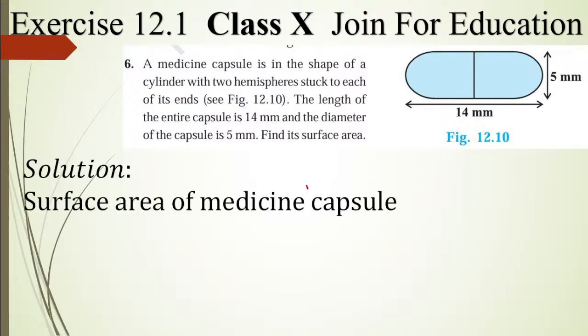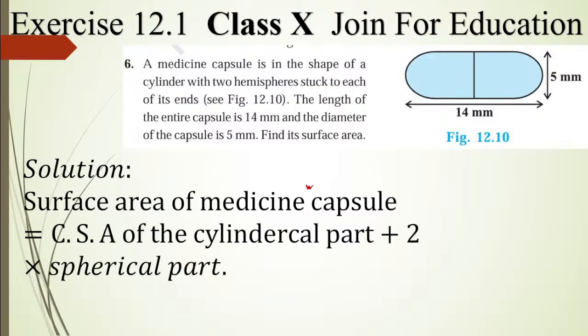Surface area of the medicine capsule equals, from the figure it is clear, CSA of the cylindrical part plus 2 into CSA of the spherical part. So we recall the formula: CSA of the cylindrical part is 2πrl, plus 2πr² for the spherical part.